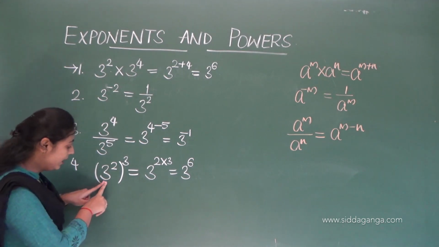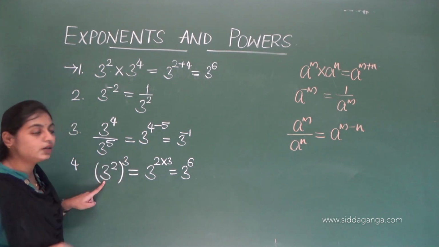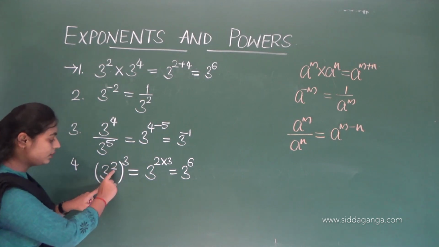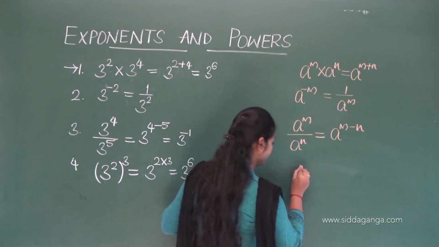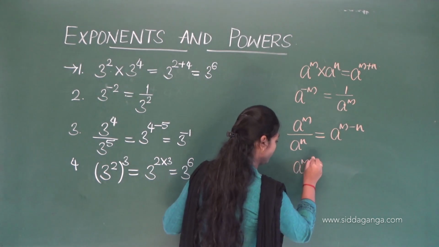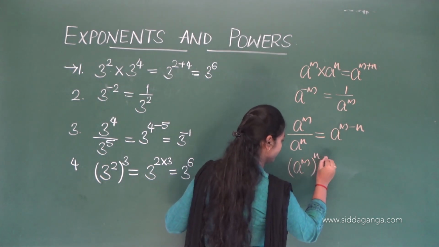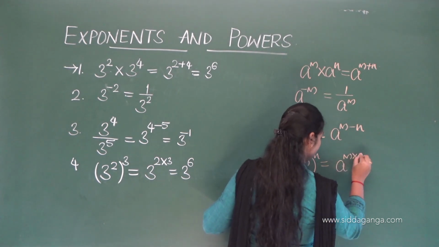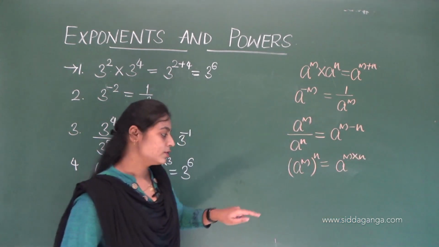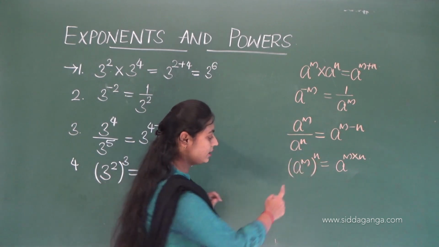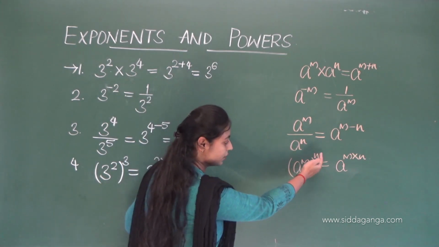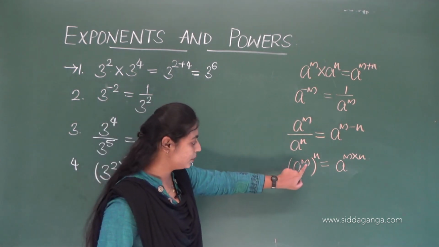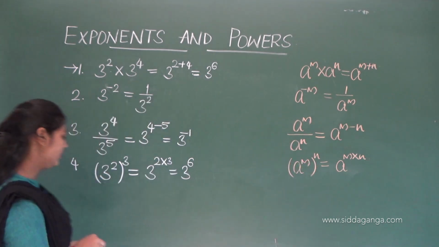In general, a to the power of m whole to the power of n is equal to a to the power of m into n. So when there are two exponents, a to the power of m whole to the power of n, we can multiply these two exponents, that is a to the power of m into n.